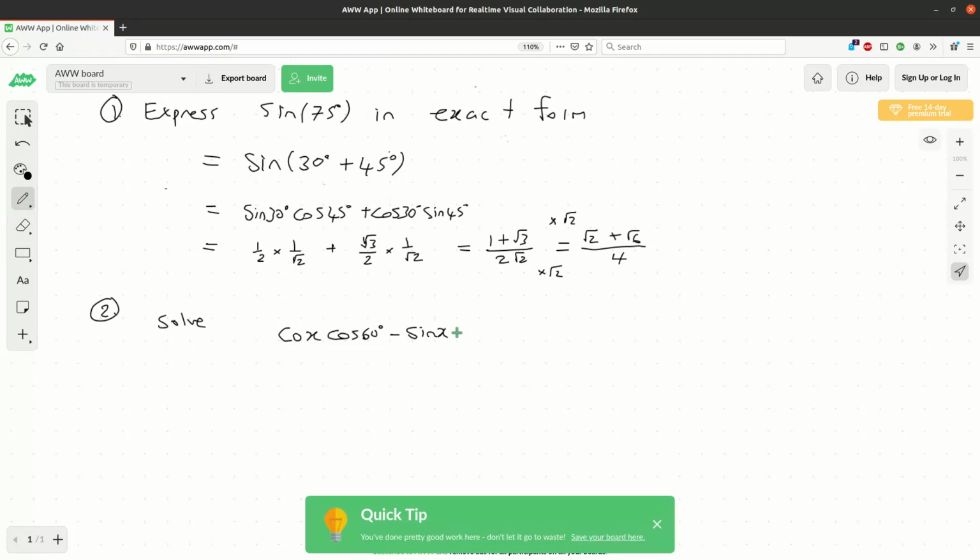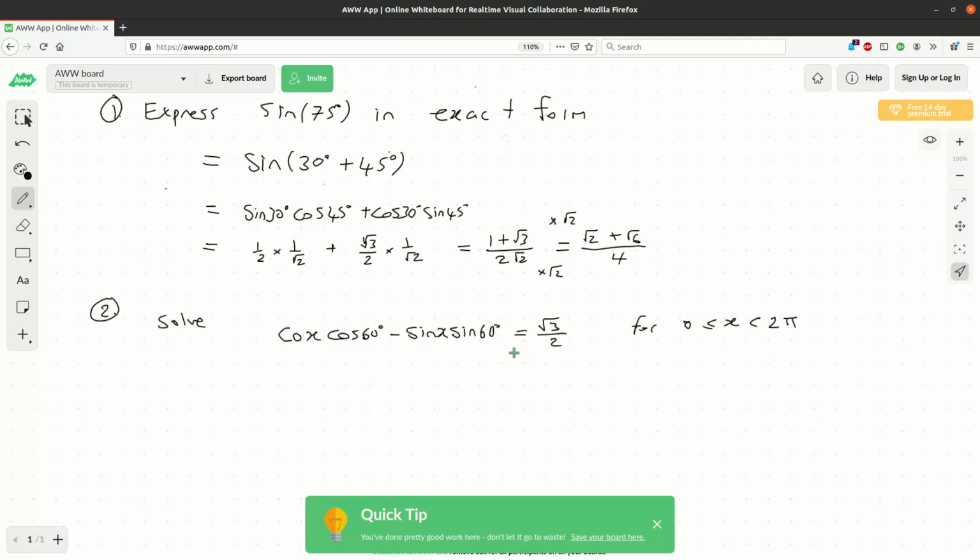Okay, hopefully you can see that that is the compound angle expansion for cos. Can you see it looks just like cos A cos B minus sine A sine B? And when it's minus on the right hand side, it's plus on the left hand side. So what we could do is immediately simplify the left hand side of this equation to make cos of x plus 60.